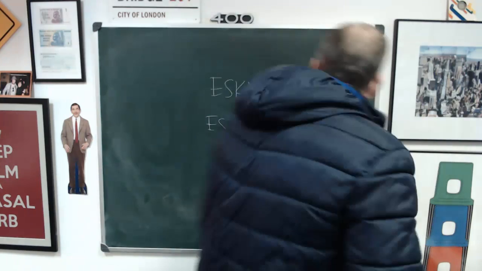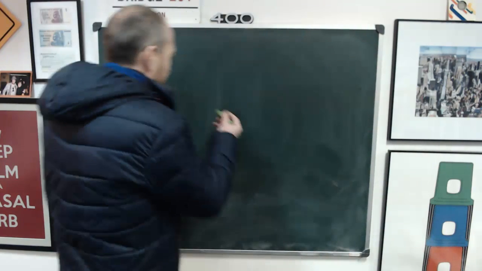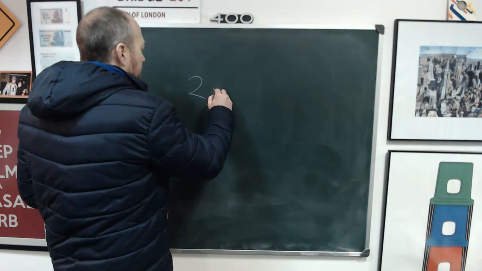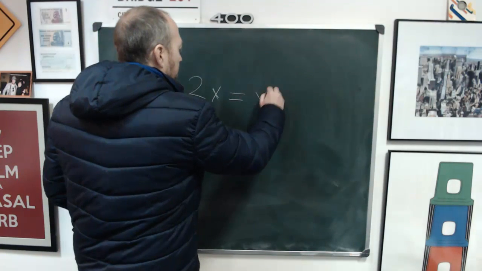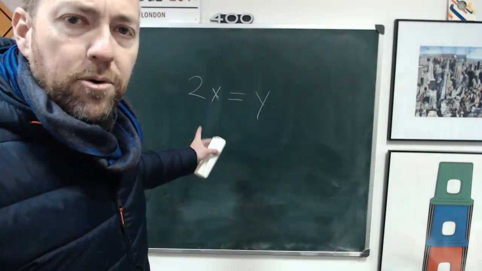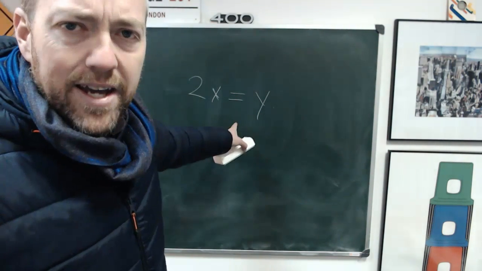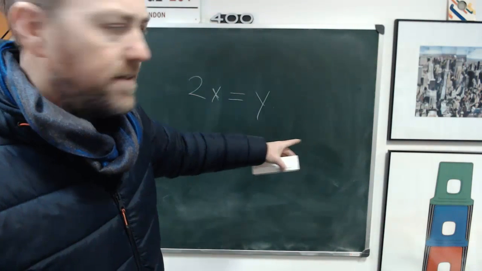But one interesting question is, in English, and also probably in your language, when we do mathematics, or when we have a problem, sometimes we use the letter X. For example, this, 2x equals y.